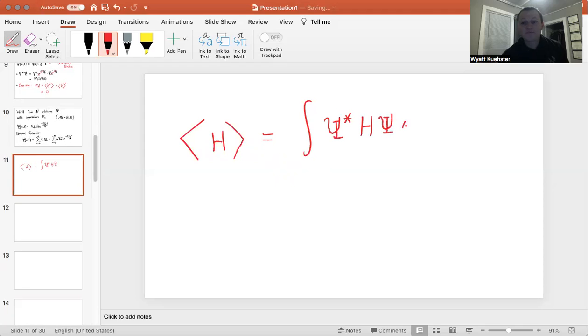Again, the complex exponential parts will commute, and so you can cancel those out. So you'll just get little psi star, H psi. And you know that H psi is E psi because of the eigenvalue equation. And so you'll see that the expectation value of the Hamiltonian is E.